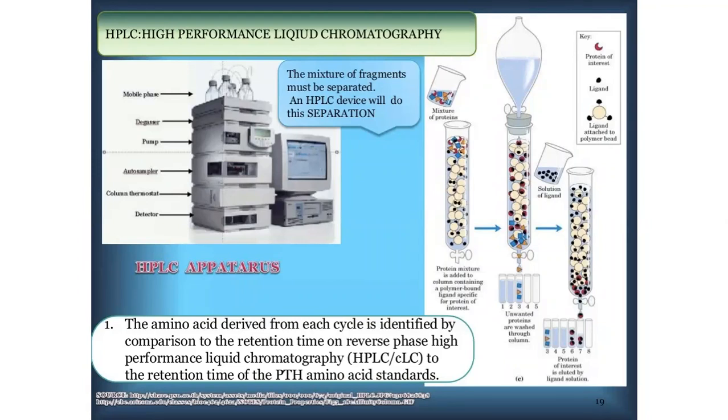So the amino acid derived from each cycle of the Edman reaction can be identified by comparing the retention time of the sample amino acid with a known standard amino acid, and thereby you can elucidate what are the amino acids that have gone into the formation of the particular protein we were trying to sequence.